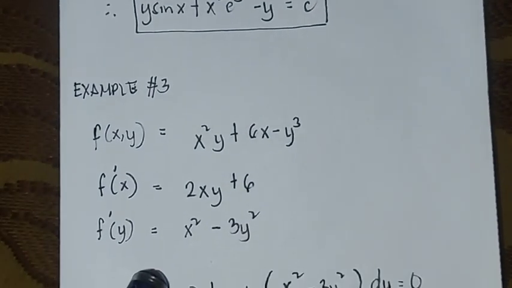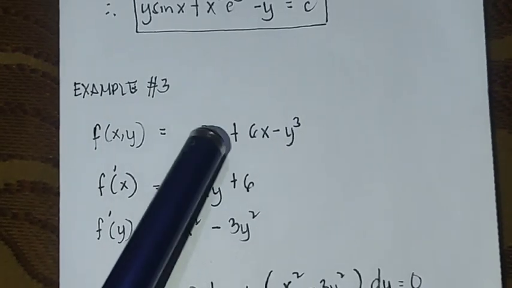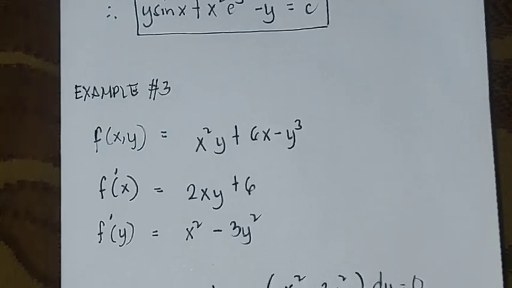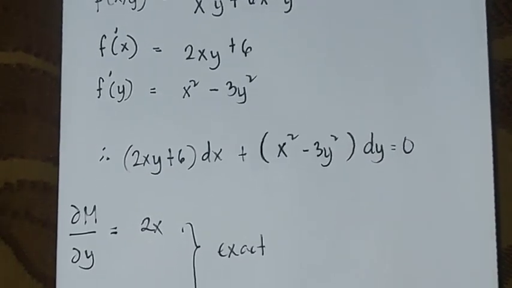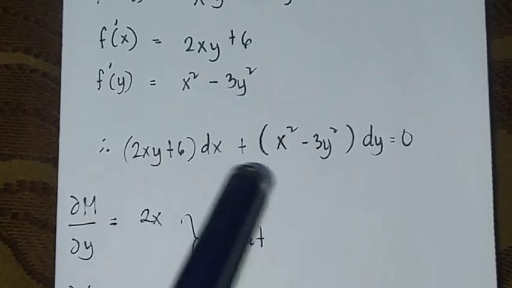And then, ang f prime y mo, with respect sa y, copy mo na x square, tapos ito is magiging negative 3y square. So, meaning, ang form pala natin na equation is quantity 2xy plus 6 dx plus quantity x square minus 3y square dy is equal to 0. So, ito na yung M, ito yung N.